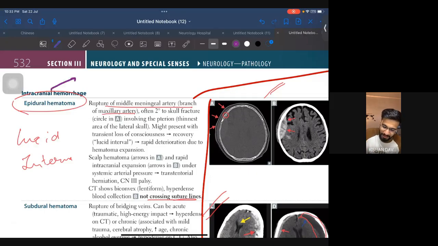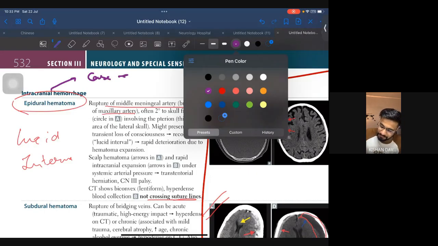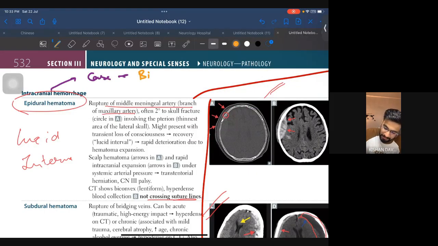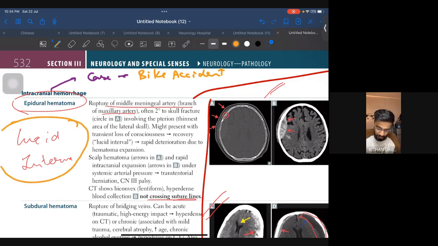Now coming to epidural hemorrhage. Every time the case will be like bike accident. Okay, bike accident का case होगा. Now how to confirm that the question is asking you about epidural hematoma? Lucid interval. Now what is lucid interval?